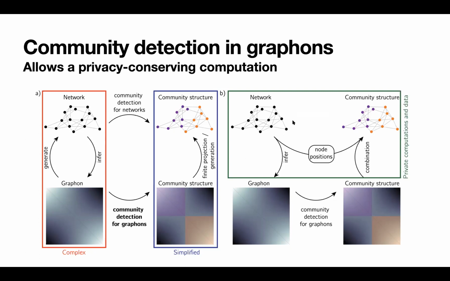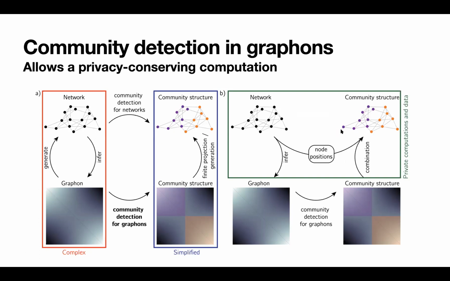So what you can do is take the network, estimate a graphon, and then share just the graphon with the outside entity, whereas you keep the node positions. This is the information about which position in the graphon each of those nodes belongs to. Then your cloud computing entity can do the community detection on the graphon, obtain a community structure, and return it to you. You combine it back with the node positions and get the community structure in your graph.